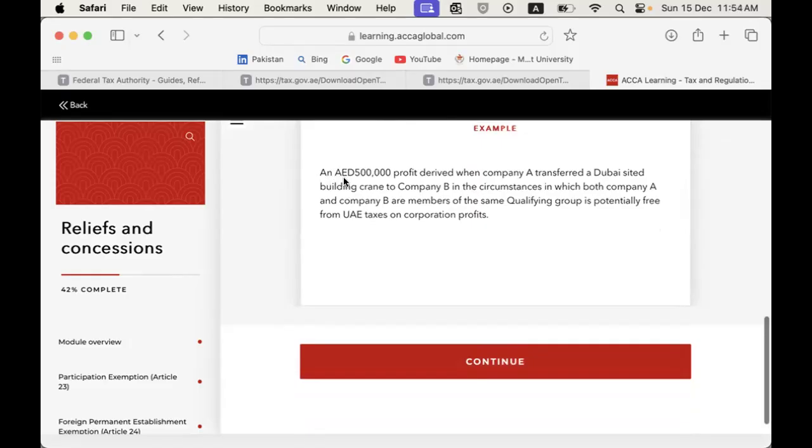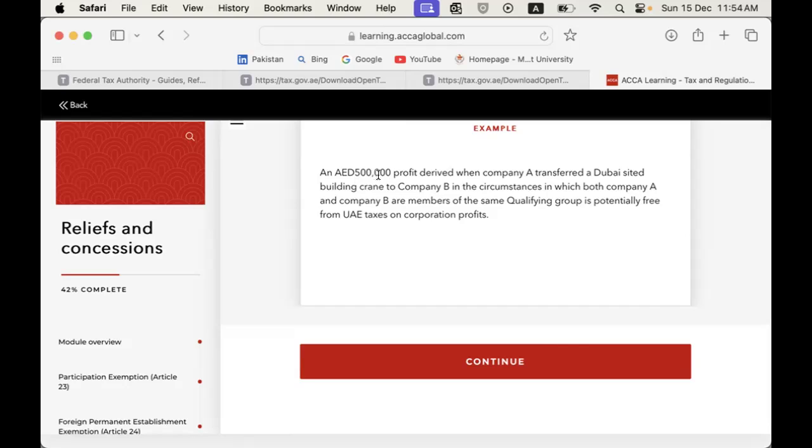That's an easy one. An AED 500,000 profit derived when company A transferred a Dubai-sited building crane to company B, in the circumstances in which both company A and B are members of the same qualifying group, is potentially free from UAE tax on corporation profits.